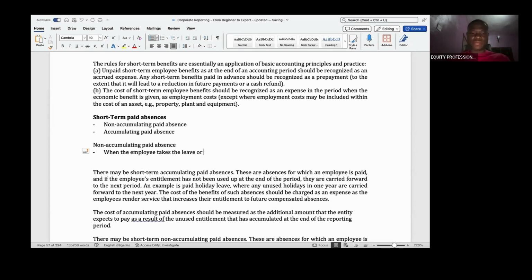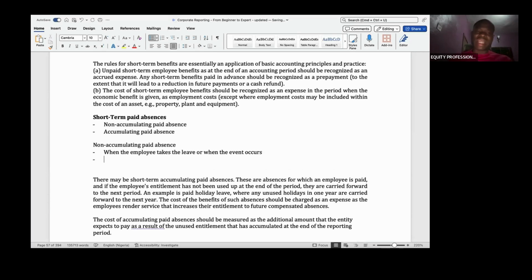Or I can say when the event occurs. That is when we can recognize it in our books. So when the employee takes leave, then we recognize it. That means if he doesn't take the leave, it will not even pass our books. If that's your policy, you don't need to recognize the leave at all.